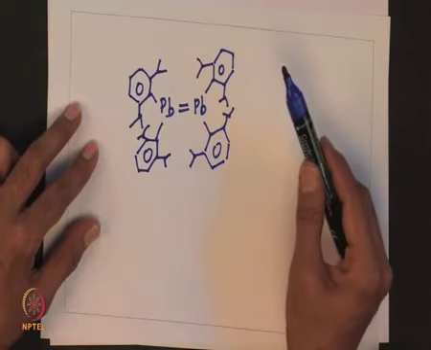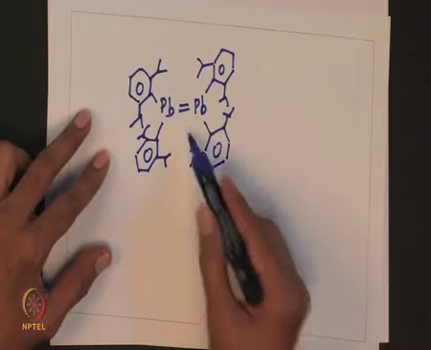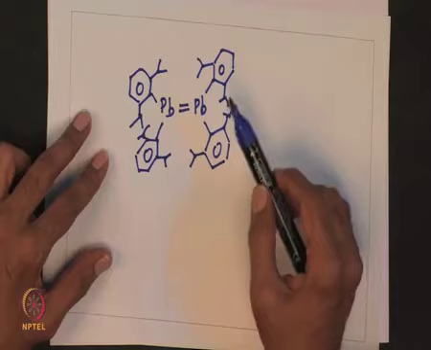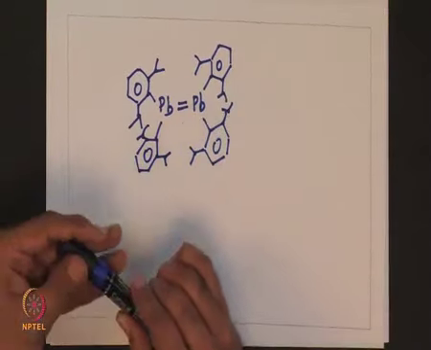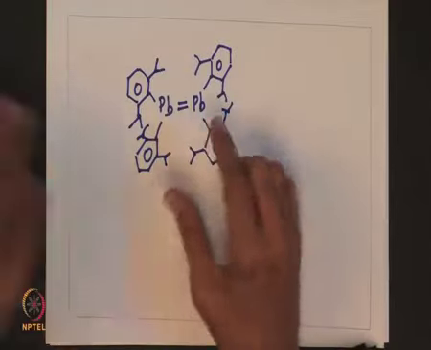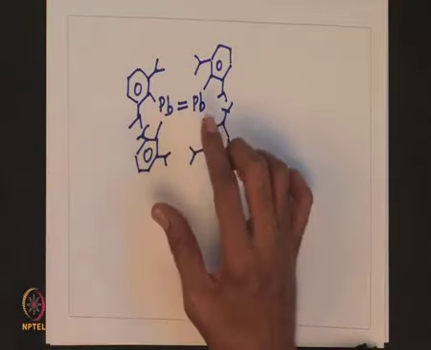So, in this case, essentially this is the first example of a Pb-Pb compound. In this one, because of the bulkiness, you cannot add another group. As a result, what happens?